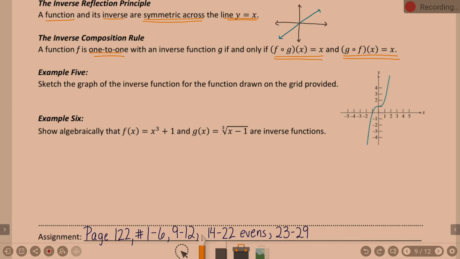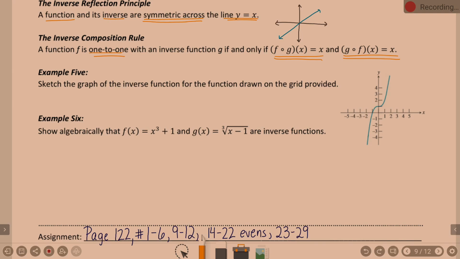Okay, let's look at example 5. Sketch the graph of the inverse function for the function drawn on the grid provided. So you see this function, yes? Okay. Our job is going to be to reflect it. We want the inverse.